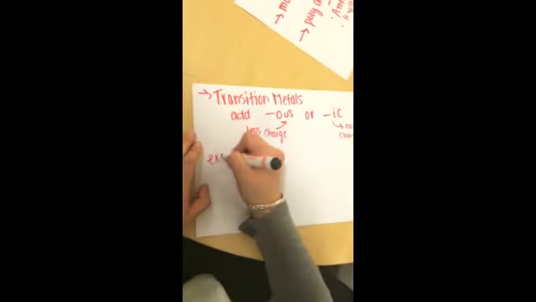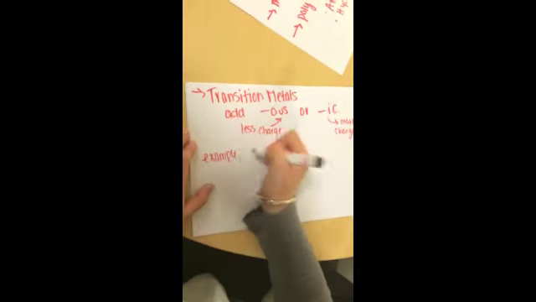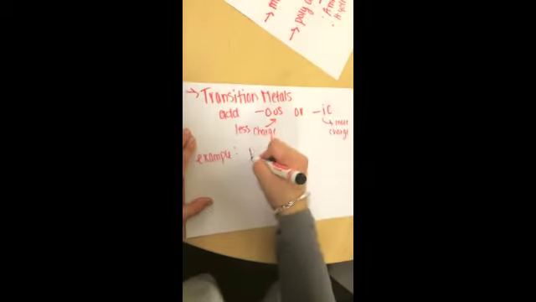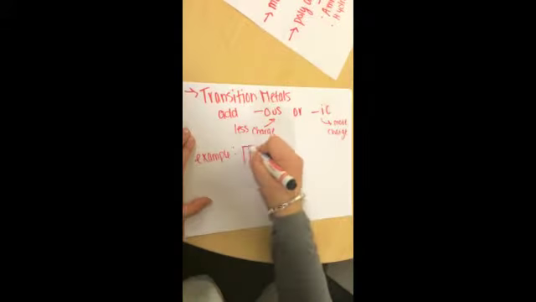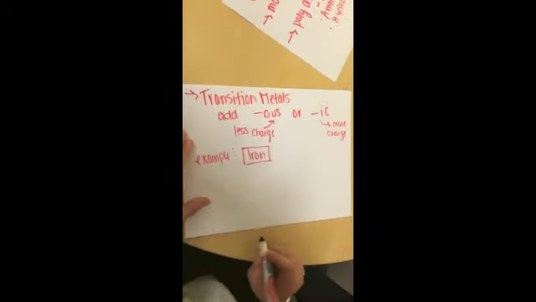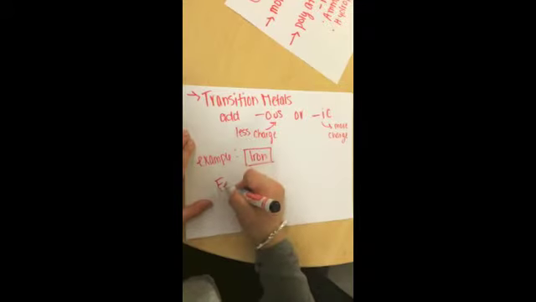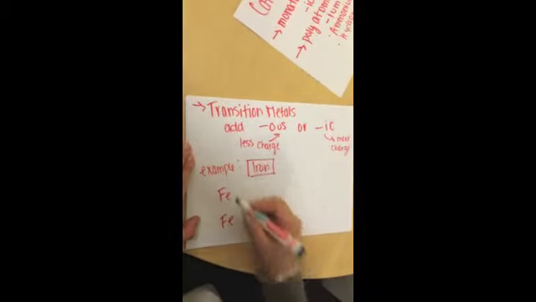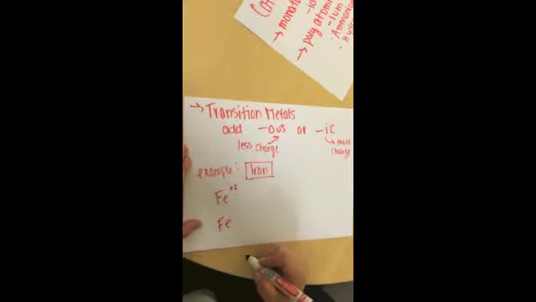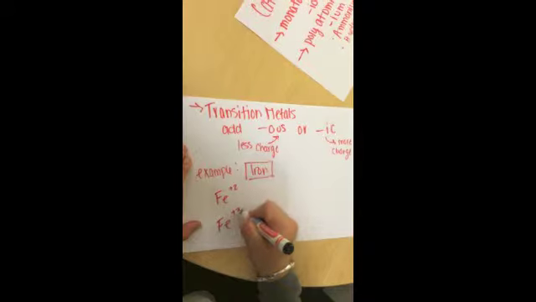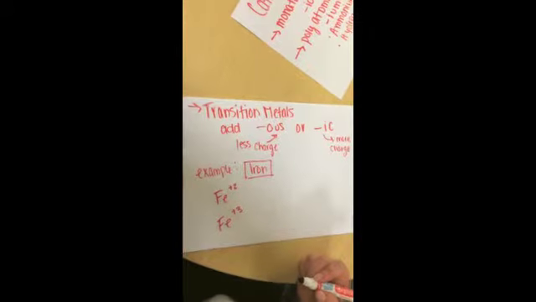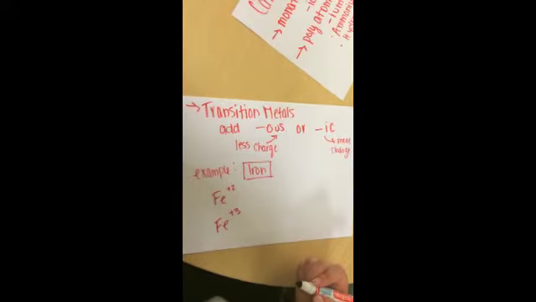Now, an example would be iron. Fe stands for iron, and it has two charges. It has a +2 charge, and it has a +3 charge, as we went over earlier. This makes a lot of difference when we are naming the metals.